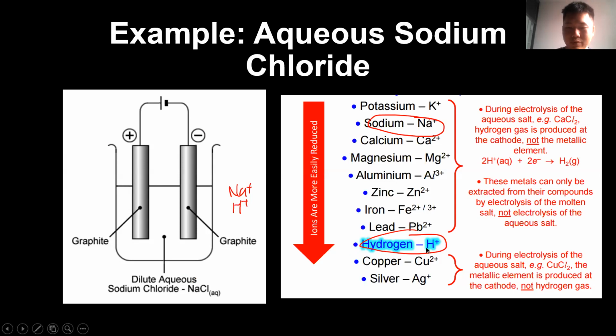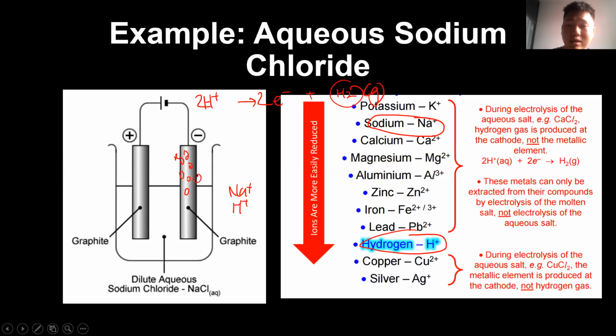So you can expect to see H plus being discharged. When we have H plus, it will form hydrogen gas. So if we balance, yes, we can actually see effervescence of hydrogen gas right over here.